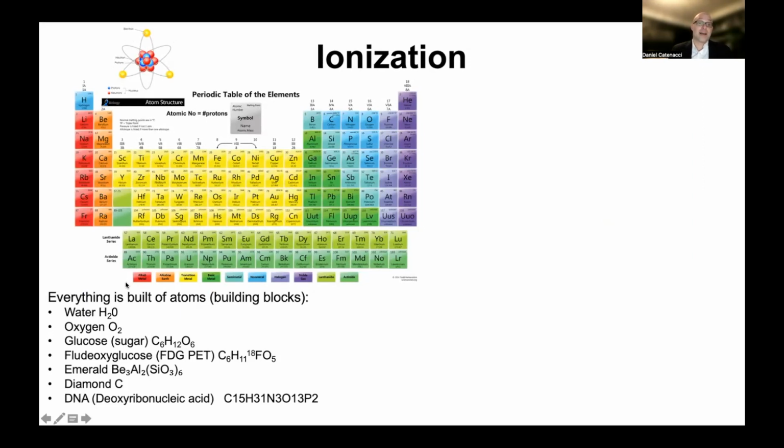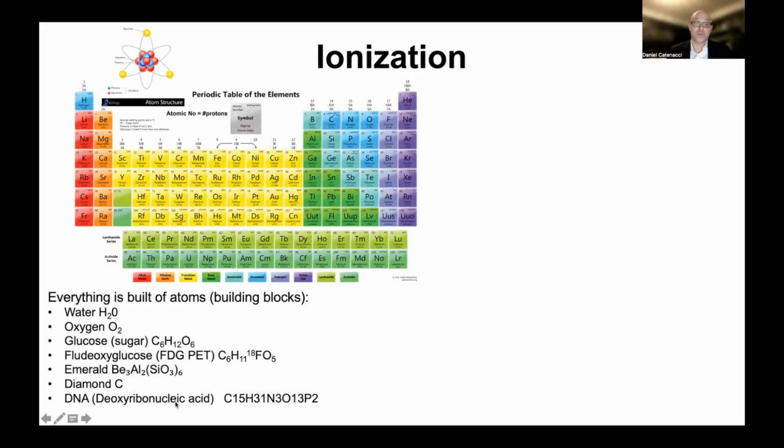Everything in the universe is built of atoms as building blocks. As an example, water is made up of 2 atoms of hydrogen and 1 atom of oxygen, H2O. Oxygen gas is 2 atoms of oxygen bound together. Sugar, as you can see here, has 6 carbons, 12 hydrogens, 6 oxygens, etc.